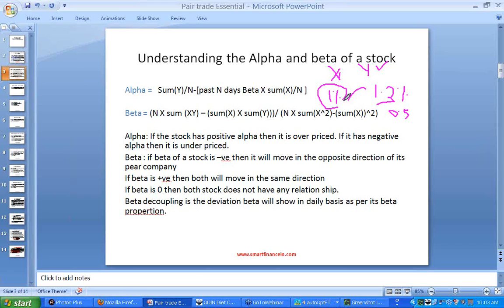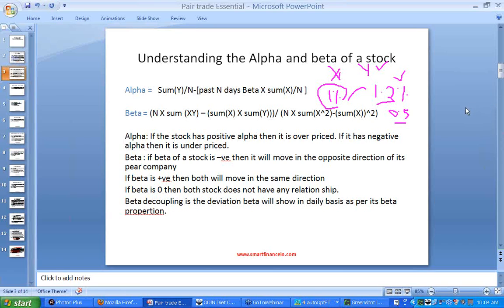This deviation from their beta principle creates the beta decoupling, and that decoupling we are going to mark. This decoupling of X and Y is going to create the opportunity for the trade.